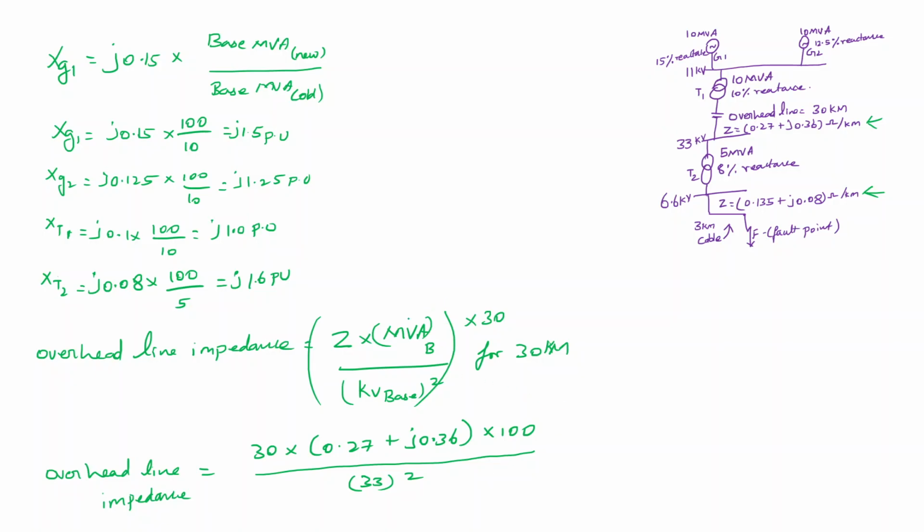You need to think: this is MVA and this is kV. Tell me the final value. Convert to 100 MVA again, obviously, because in the denominator we have kV, right? Yes, sir.